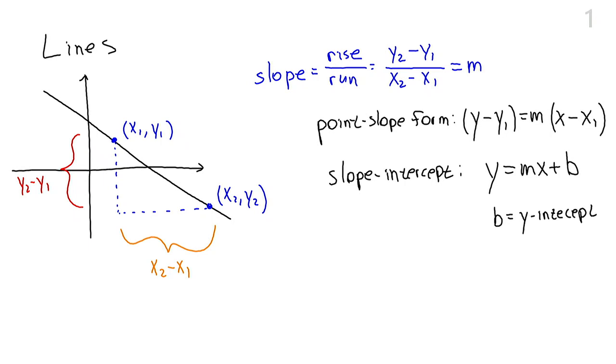The y-intercept is the place where your line intersects with the y-axis. So this point on the line is 0, b. That's the slope-intercept format.